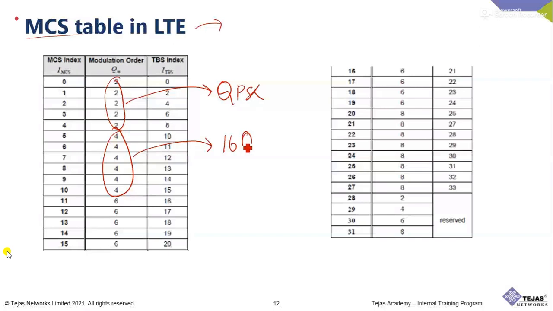Now, this is the difference with respect to the modulation coding schemes. You can see here, every CQI value has a corresponding MCS scheme, right? So it has all the MCS schemes here.